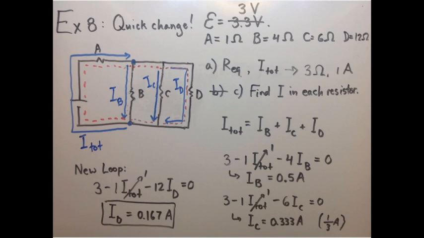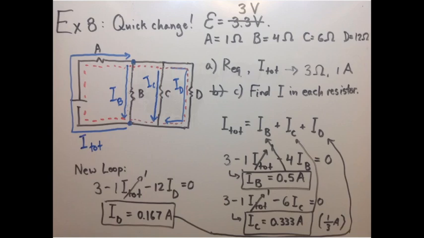Now, there's one secret here at the end, which is that we didn't actually need to write that last loop equation. Turns out we had enough equations already to solve for D, and I did not need to write this last loop equation. I could have, in fact, used instead my junction equation.